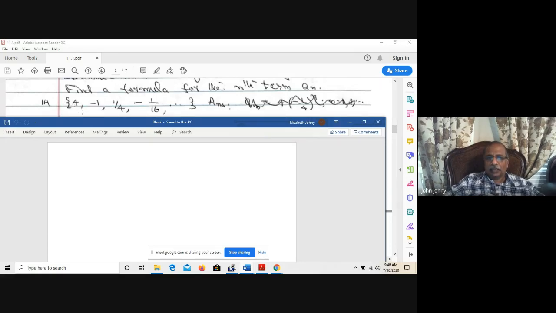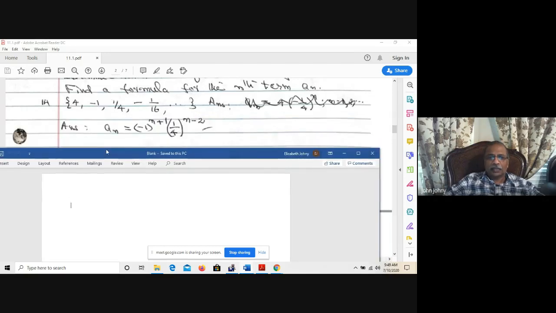If you multiply the first term by negative 1/4, you get negative 1. If you multiply that by another negative 1/4, you get 1/4. So the formula is negative 1 to the power of n plus 1, because the first term is positive.